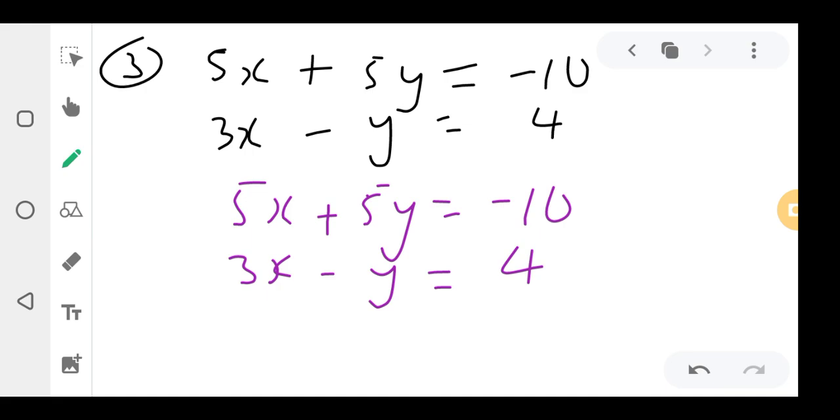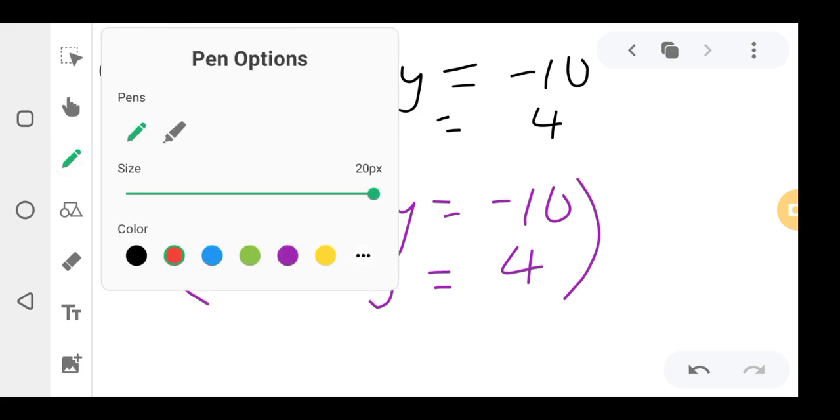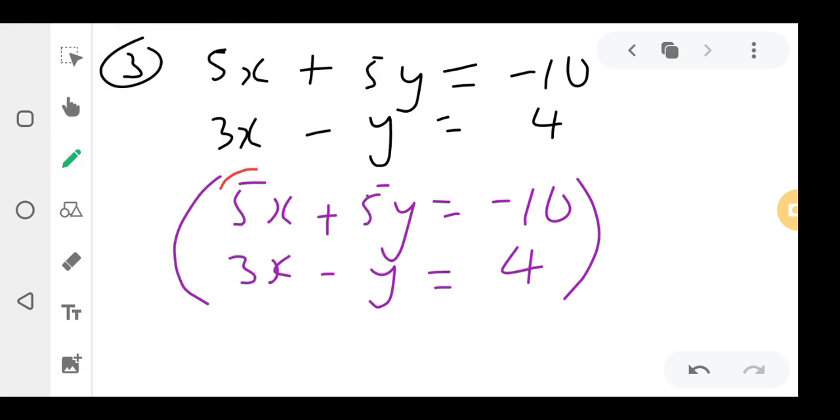And then you put brackets first. So we'll start with these two numbers. This number on top will go down, this number down will go on top, if I'm eliminating x. If I was eliminating y, this number for y, 5, will go down, and then here there is 1, of course.